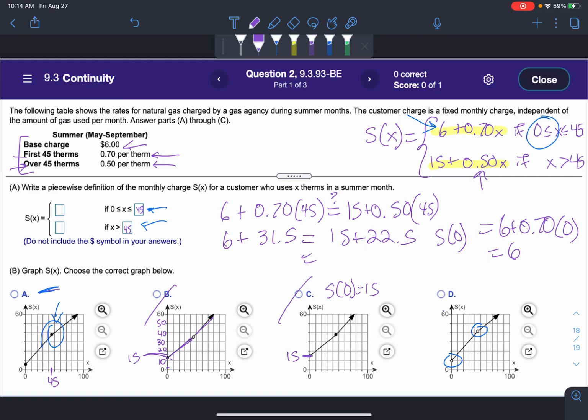If we add them, we get 37.5 equal to 37.5. So yes, they match, they're equal. That's why we want to fill this point in, because my s of 45 is equal to 37.5 regardless of which piece I use. That probably corresponds to 37.5, right? 0, 10, 20, 30. Okay, so A is our graph.